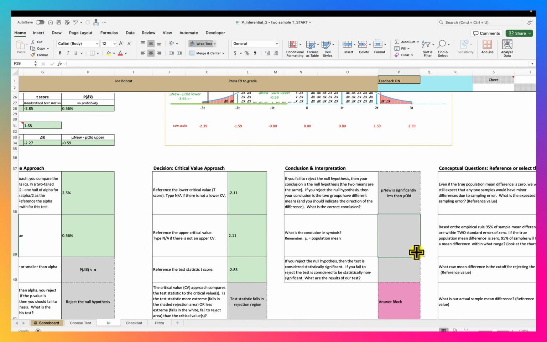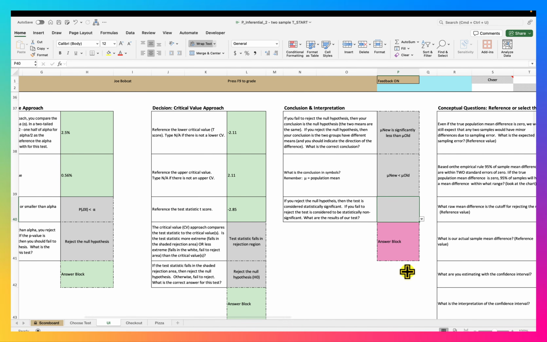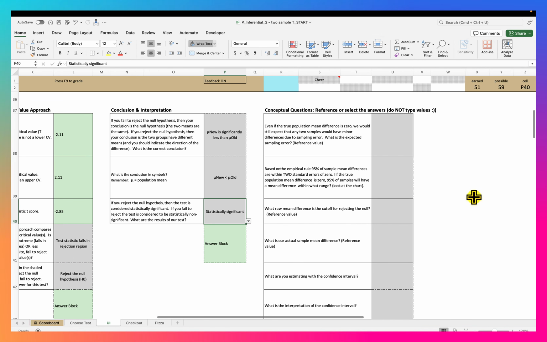What's the conclusion in symbols? Mu new is less than mu old, and if you reject the null hypothesis, then the test is considered statistically significant. If you fail to reject, the test is considered statistically non-significant. What are the results? We are statistically significant.